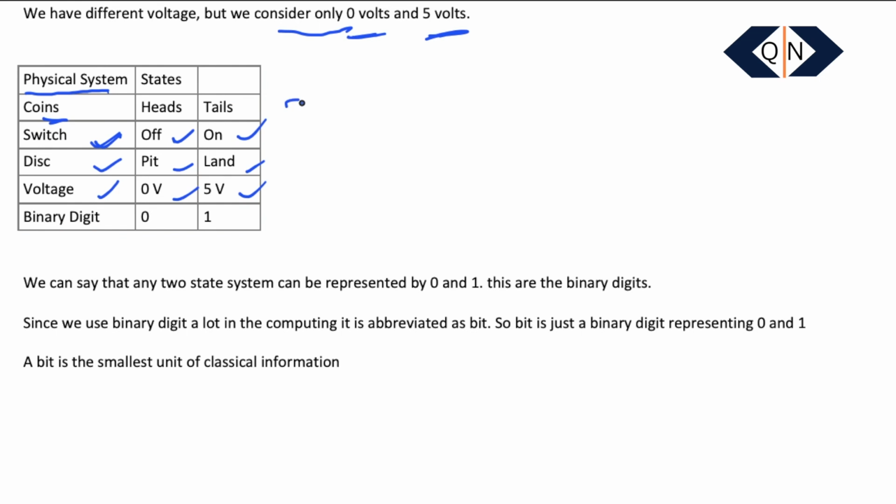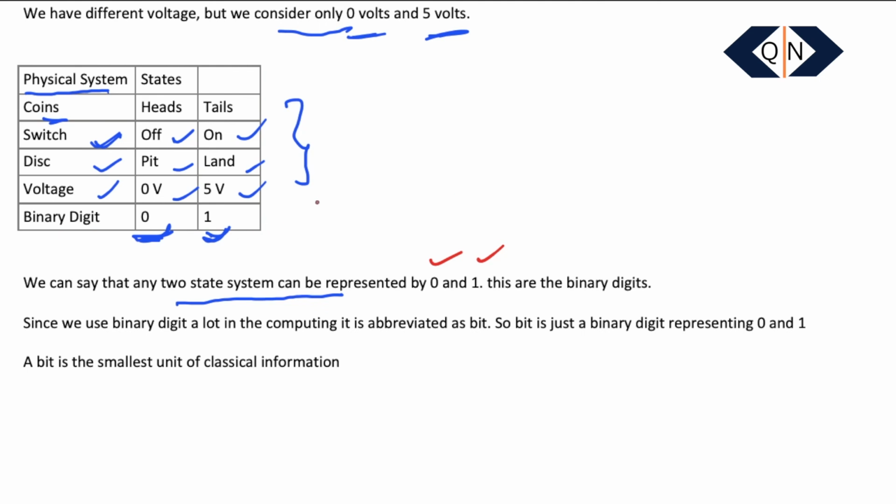Now can we write it in a binary form? Suppose it is head or pit or off or 0 volt, then we codify it as 0, and suppose it is tail or on or 5 volt or land, then we codify it as 1. Okay, so we can say that any two-state system can be represented in the form of 0 and 1, and these are called binary digits. Binary means 2 digits.